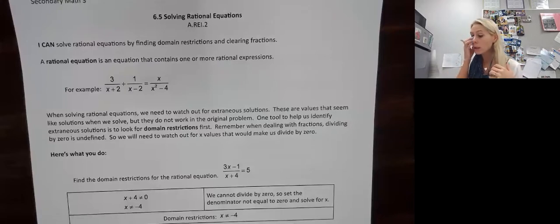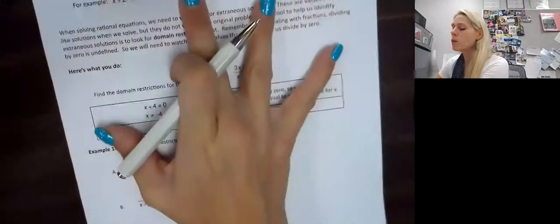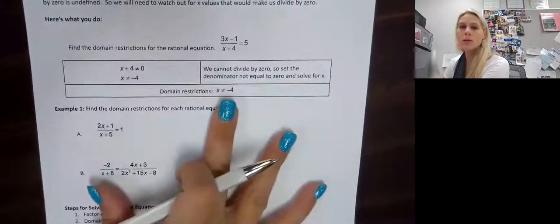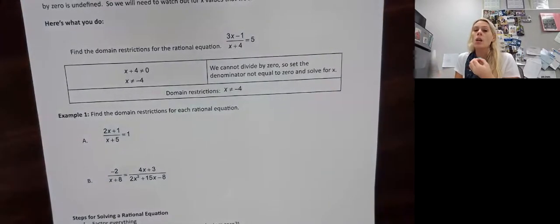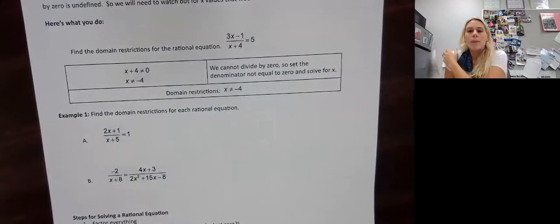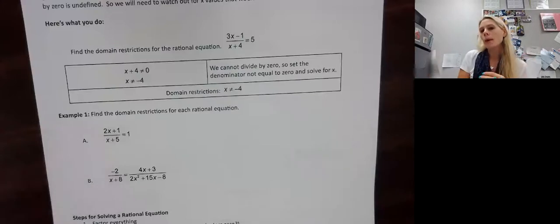So the first thing we're going to do is practice some of those domain restrictions. Now, when we do this on paper, usually you also state your domain restriction. But maybe on Big Ideas, if we're using that program for your practice, they might not ask you to type in the domain restriction, but the truth is it's incorporated, because you wouldn't have it as a solution since it's a domain restriction.